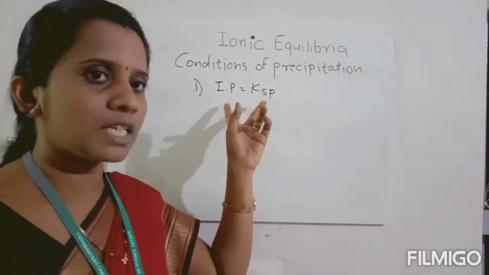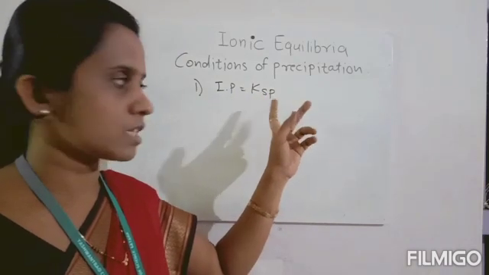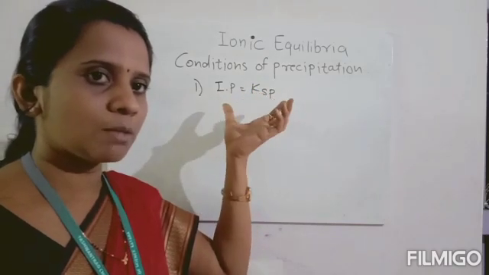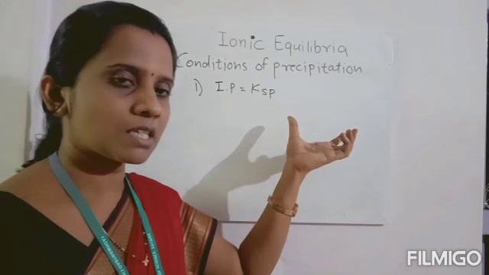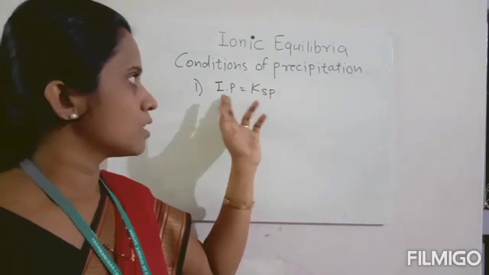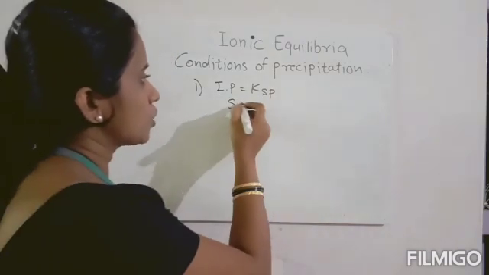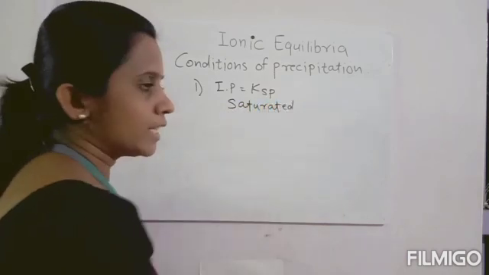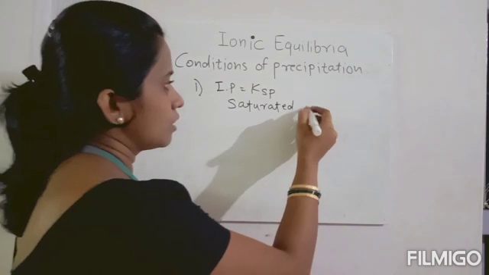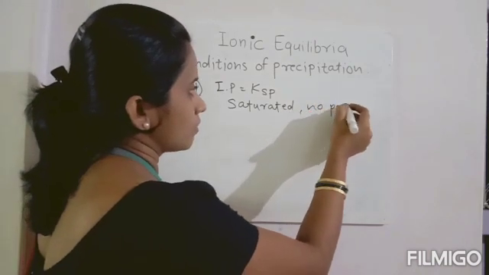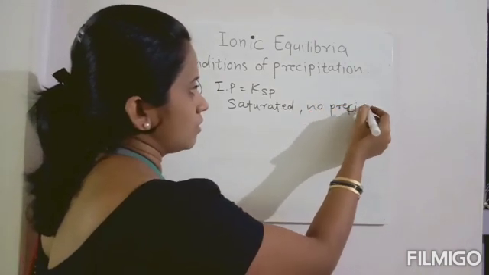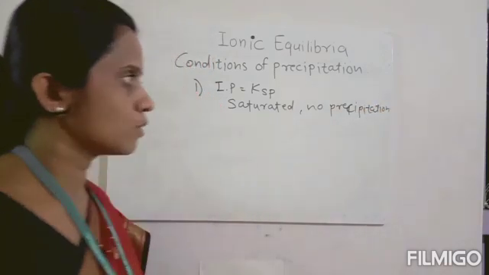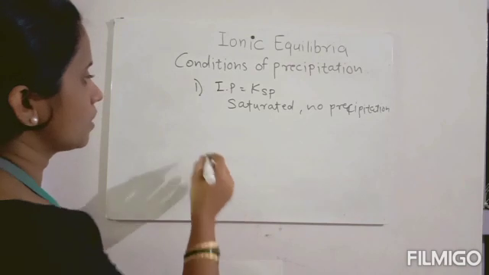That means the equilibrium exists when ionic product is equal to solubility product. Solubility equilibrium exists, and the solution at this stage is a saturated solution, and there will be no precipitation. Okay, so this is the first condition.